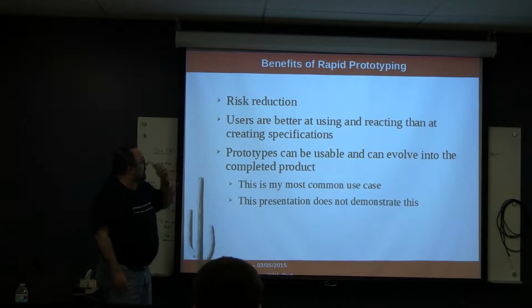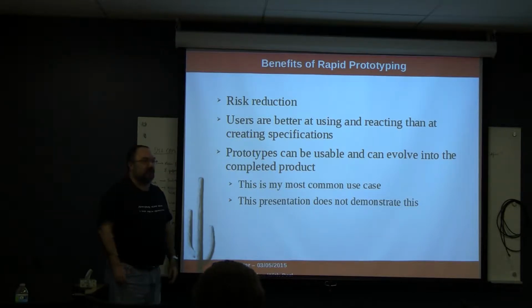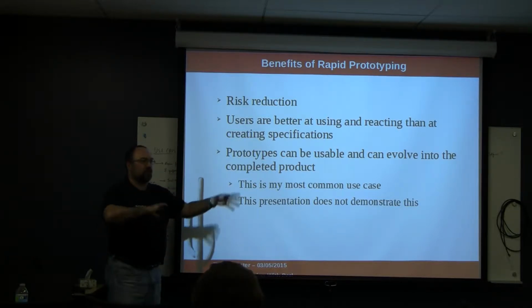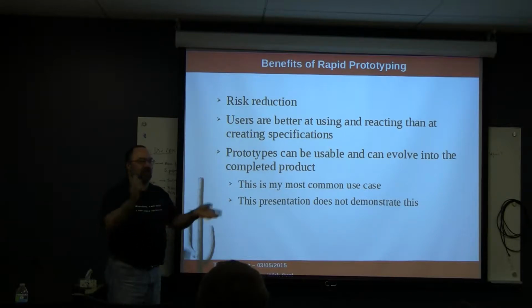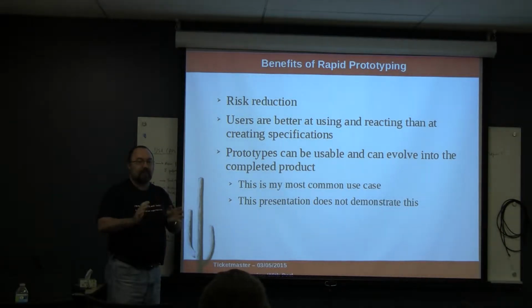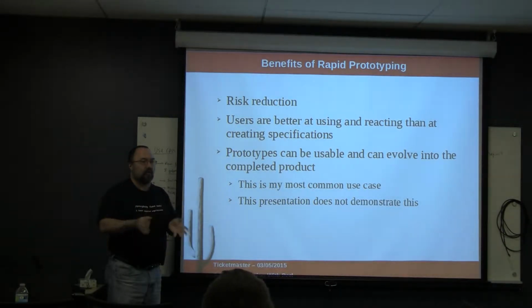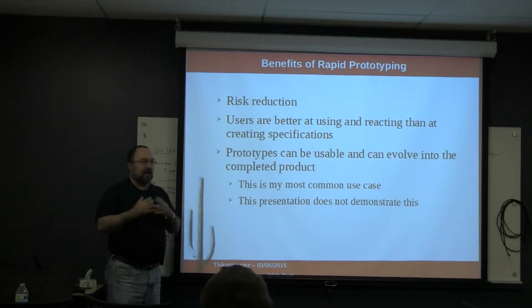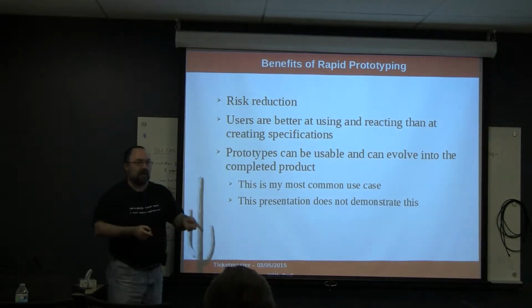All right, users are better at reacting than at creating specifications. So this also starts to merge into process a little bit, you know, the whole Scrum, Agile, whatever. Basically the idea being that if you can prototype something quickly, get it in front of users, they could go, yeah, I like that, or no, I don't like that.